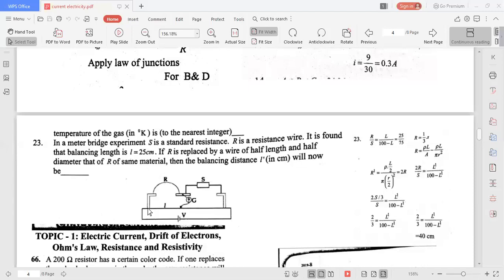In a meter bridge experiment, S is a standard resistance. Okay, the meter bridge is given like this.